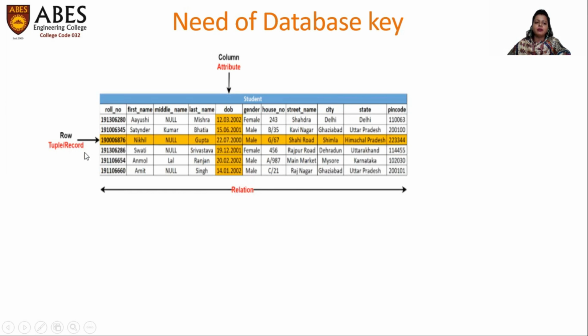And we have multiple rows corresponding to each record. Each record is called a tuple. So here we have a tuple, and here we have a tuple. So a tuple is basically a record.